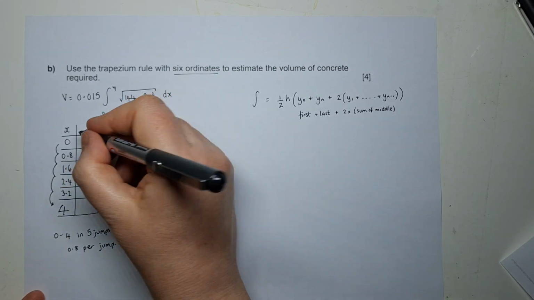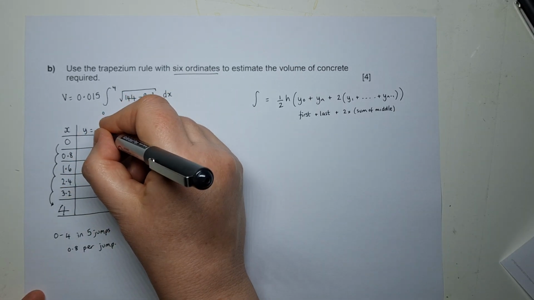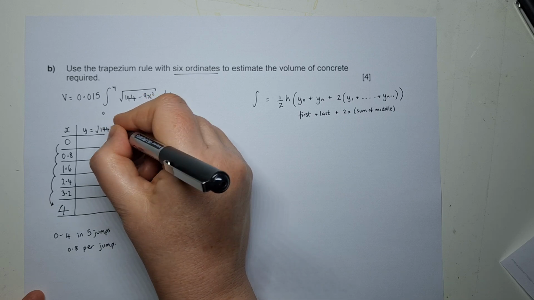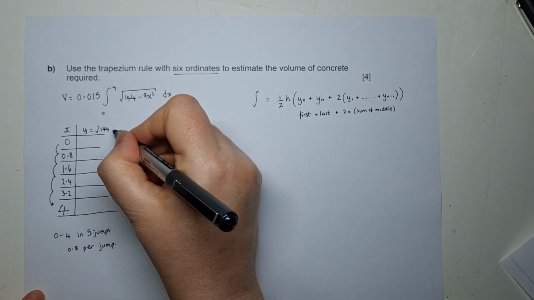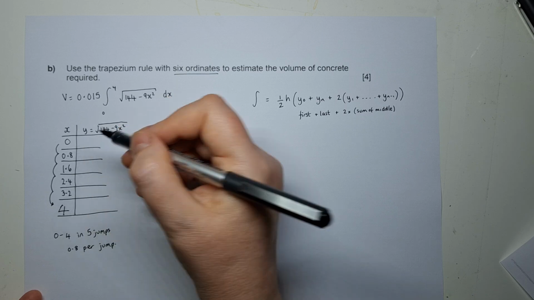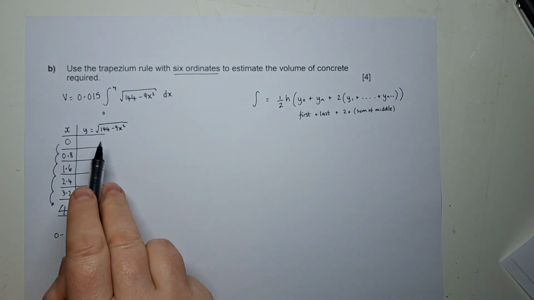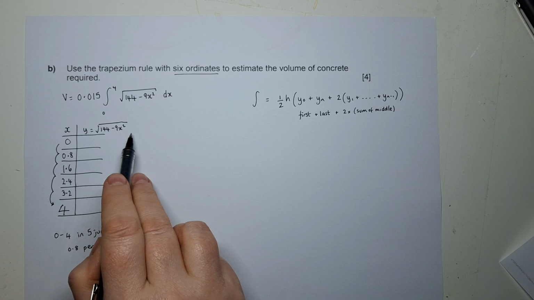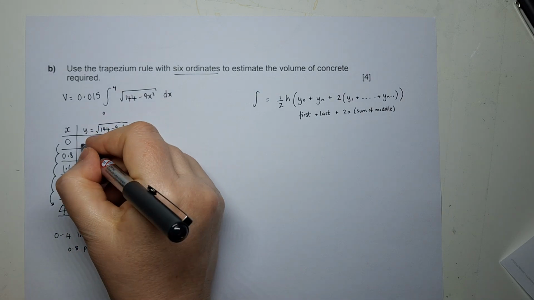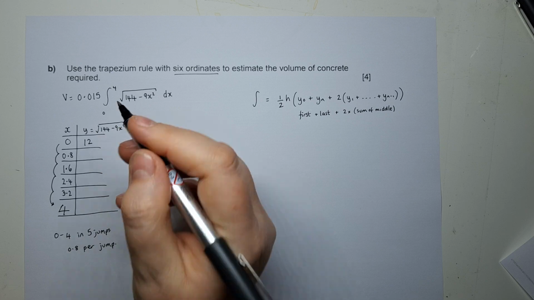We're then going to work out the y coordinate following the expression square root of 144 minus 9x squared. So with each of these x's, we're going to substitute each of these x's in turn into this expression and see what we get. Okay, so the first one is just going to be root 144, which is 12.